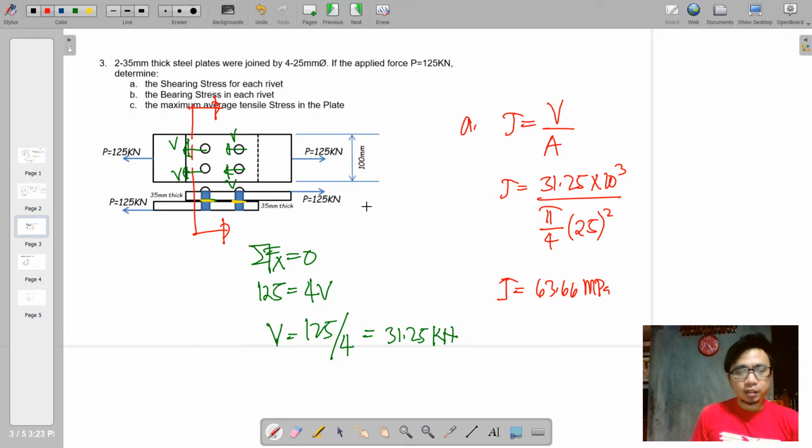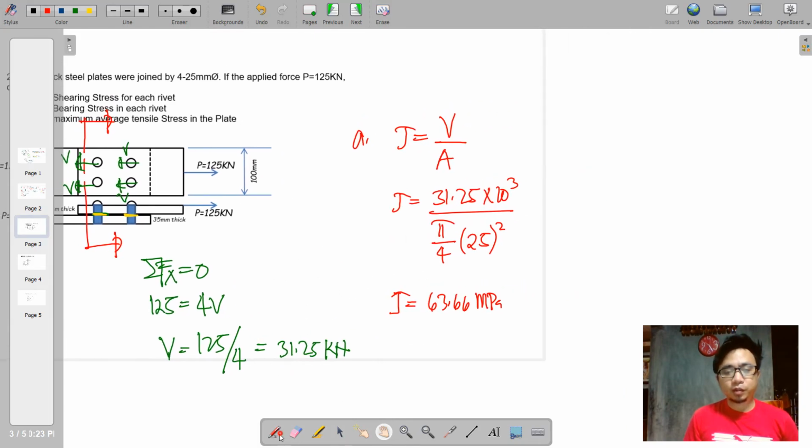Okay, so next, what about the bearing stress in each of the rivet? So the same principle. So the bearing stress will be P all over 4, or the bearing force is just equal to P all over 4.